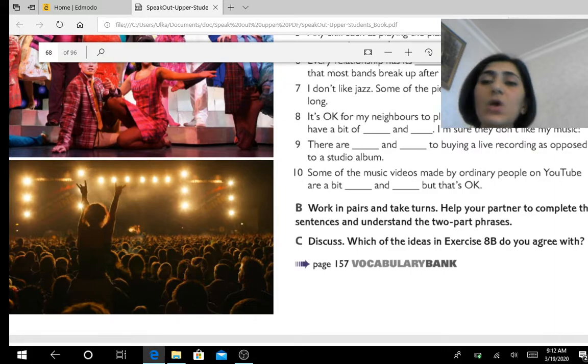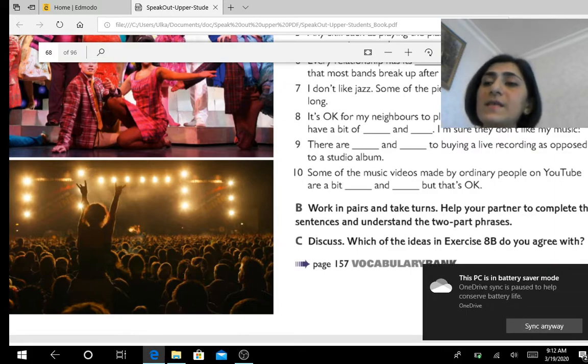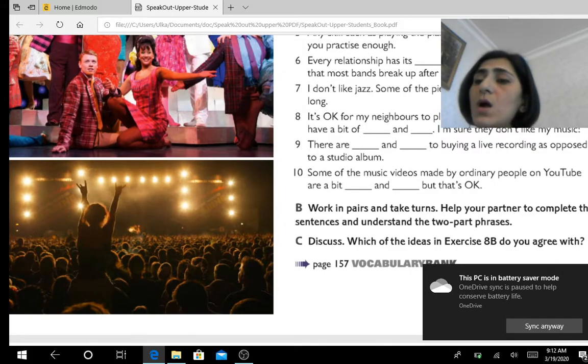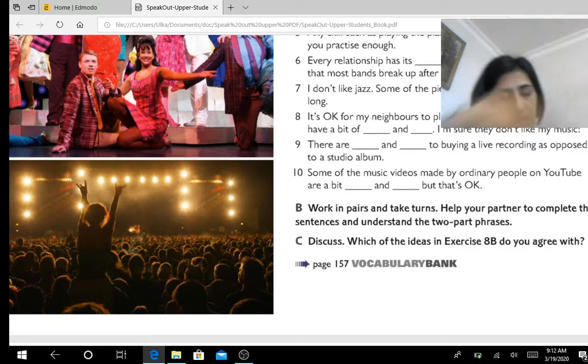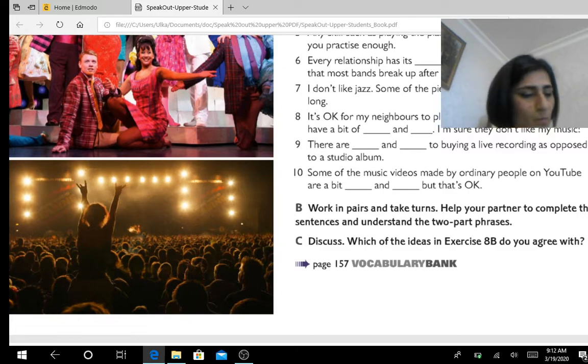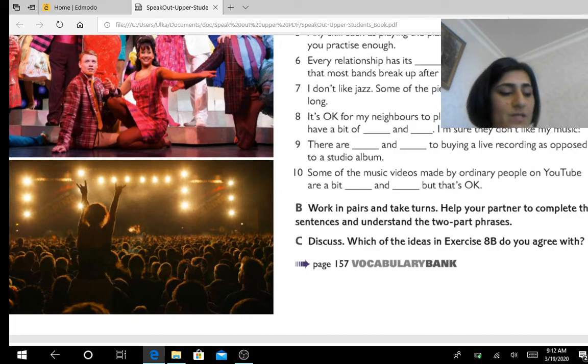You will go to page 157, find exercise 3A and B. Yes, you will complete the sentences with the words in the box. And then you will go to B and match the meanings with the two-part phrases in exercise 3A.